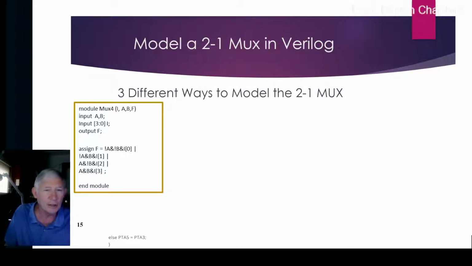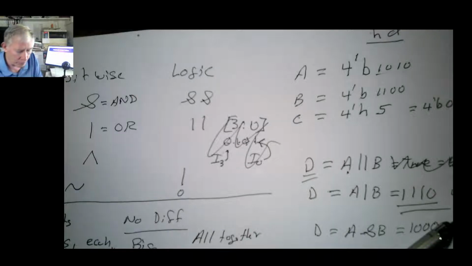And A, B, and each of these individual bits are just single bits. So I0 is an individual bit, I1 is an individual bit, I2 and I3 and A and B, of course, are. So here's the way it works. F equals, well, let me write it out on the paper, and it'll maybe be a little more obvious. So remember, A and B are our selection lines.